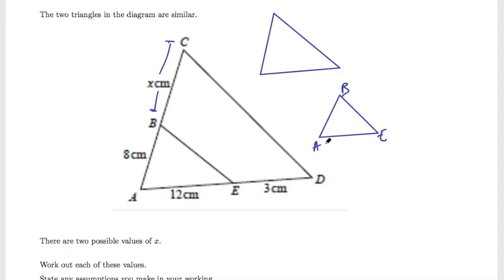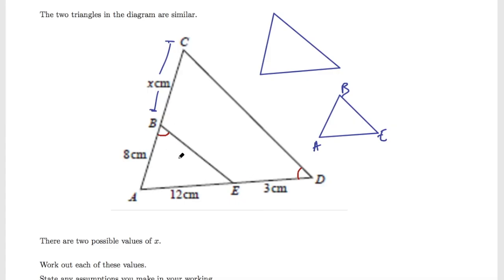could be flipped around. So let's have a look at some angles. This angle in here, ABE, that could be the same as angle ACD, or it could be the same as angle CDA. And I hope that makes sense.